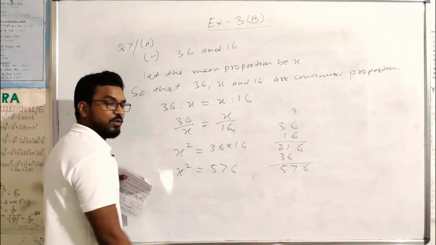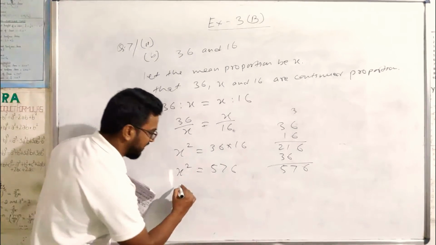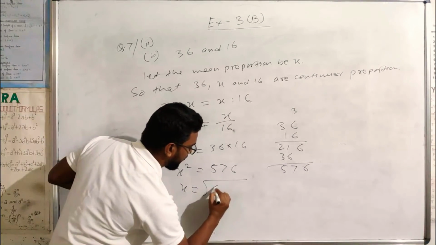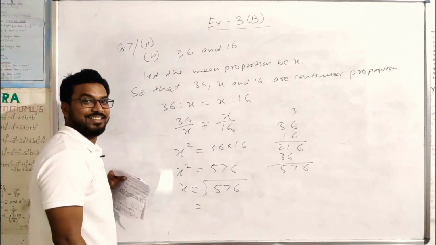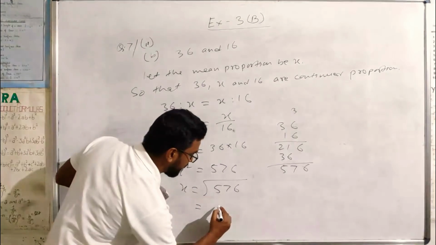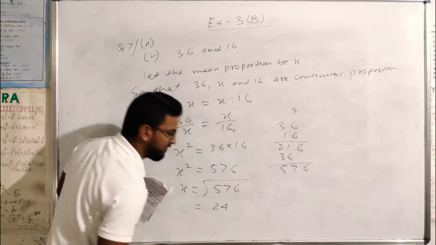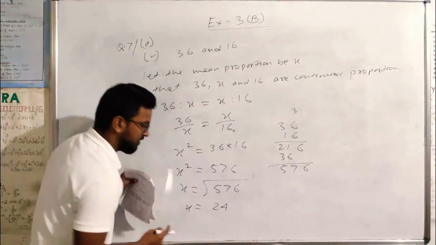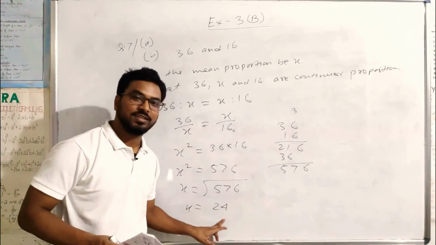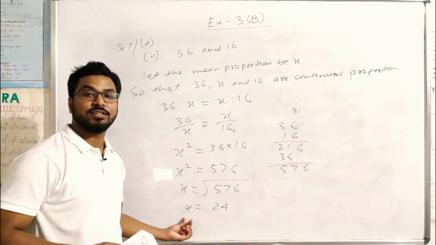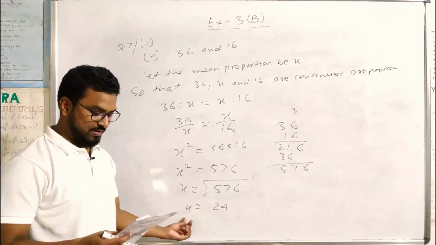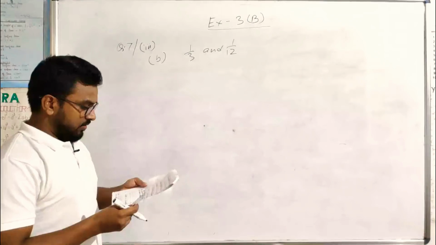Now what is the square root of 576? You can write it like this, square root of 576. So the square root of 576 is 24. Fine. So the mean proportion is 24. We'll see the next question.